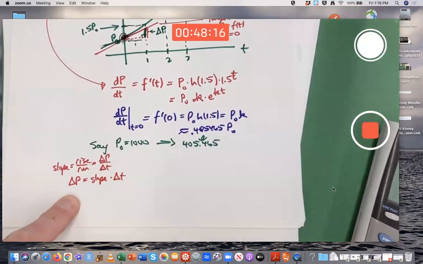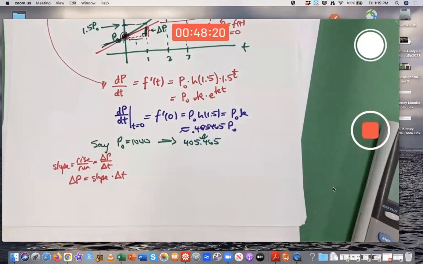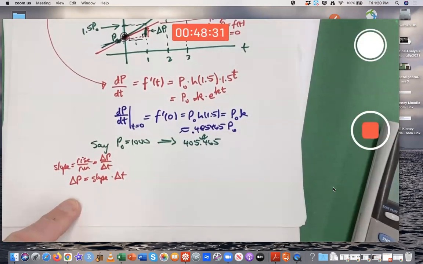Delta P is not a literal distance, but if I pretend it was a distance, it's distance equals rate times time. Hey, our key equation from lecture 1, right? The key equation for everything I mentioned in lecture 1. Of course, P is not a distance, it's a population, but it's a similar idea.